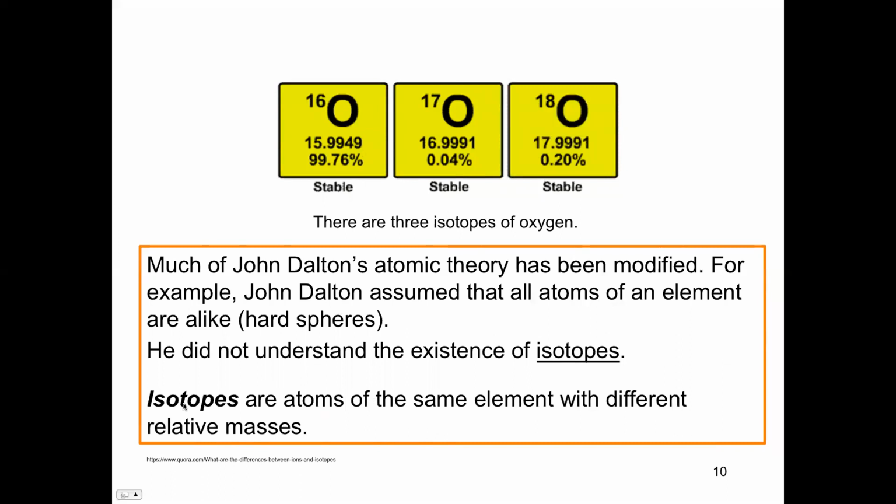We'll explain this later. So he was pretty on the spot until later on we learned more about the atom and about isotopes. That was the one thing he didn't quite get at the time. Okay, so in my notes I wrote down his 4 main claims to fame.